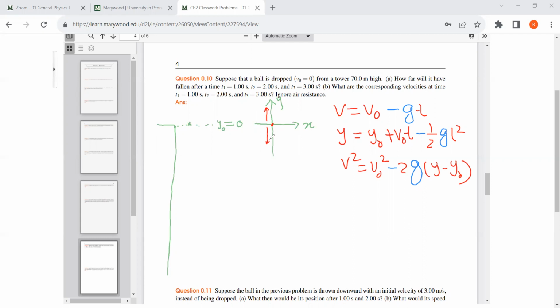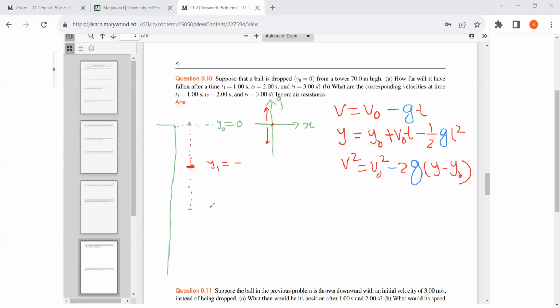Now when you drop something, you see that the ball will go in this direction. Let's say in 1 second it is somewhere here. Because it is below 0, below the initial position, we are expecting here y1 equal to some negative distance.